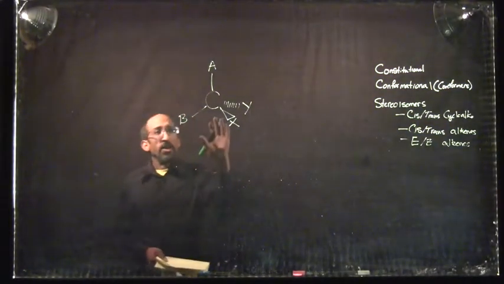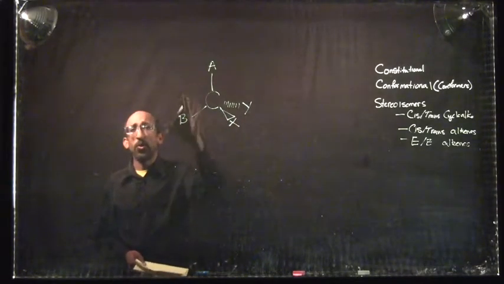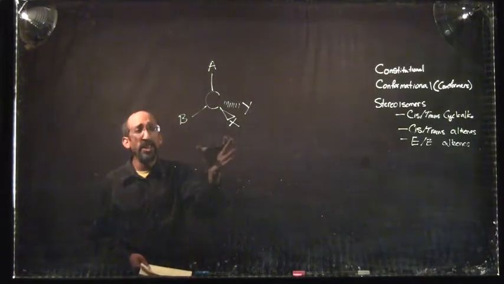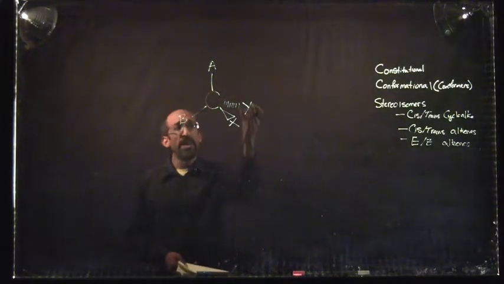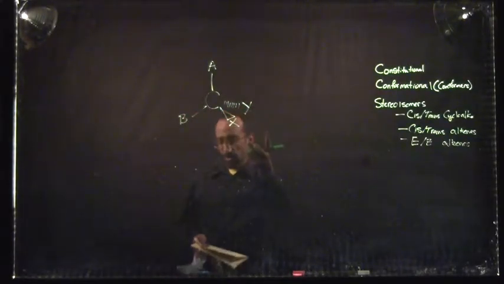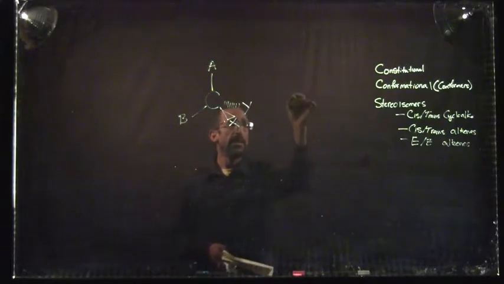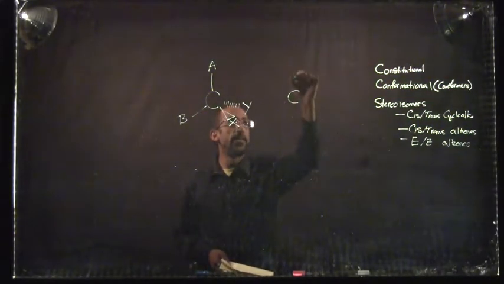Now, there are 2 possible arrangements for these 4 groups. One which I've shown you here, where X is coming out of the board towards you, and Y coming behind the board towards me. But I could also swap those 2 groups and have a different arrangement.